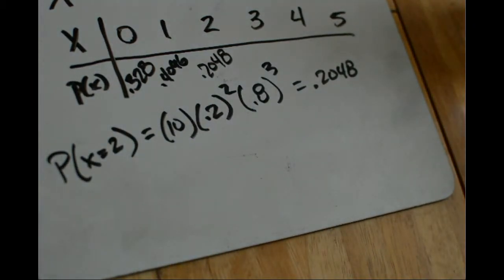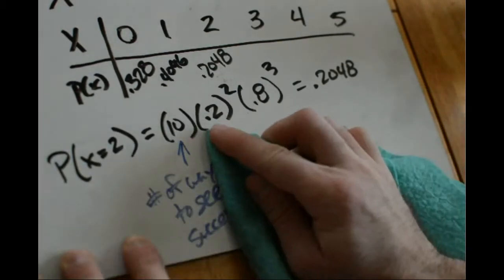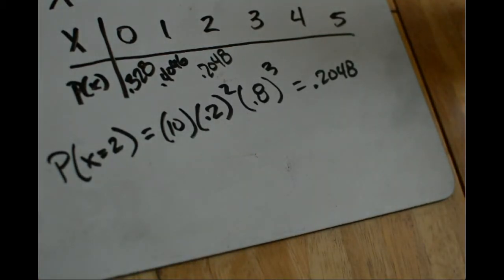So there's really 3 parts of the binomial probability. And we're going to generalize this, instead of listing out all the ways, we're going to find a faster, more efficient way to get this value. There's really 3 parts of this calculation, and that's what we're going to generalize pretty soon in a formula.